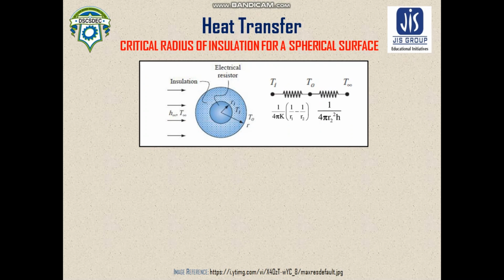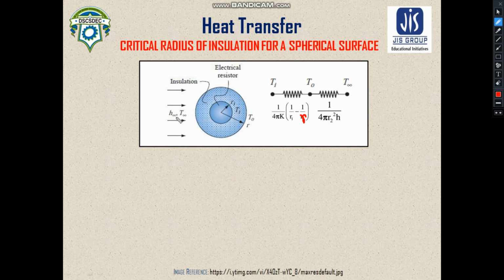We will be interested to find out the cases for spherical conditions. Here it would be better if you consider this R, because according to this diagram this is your outer radius, or the radius of insulation. So this is a sphere, this is your inner radius, this is your outer radius.